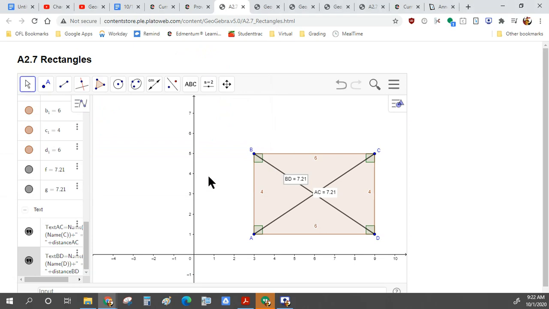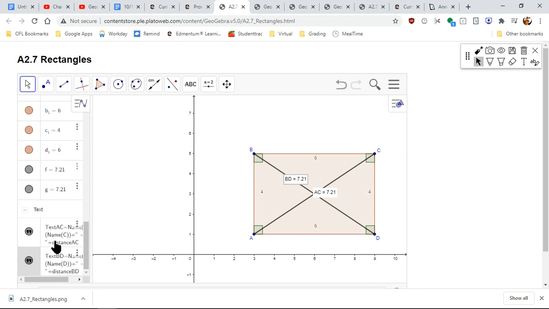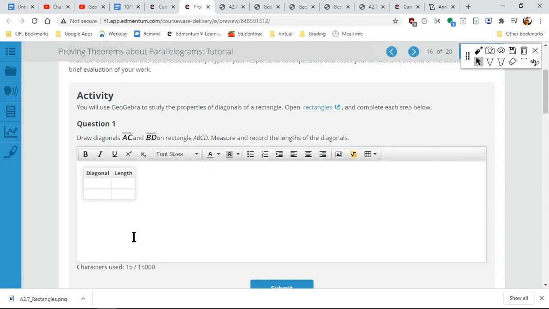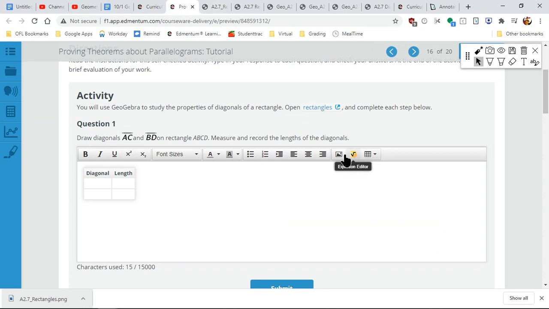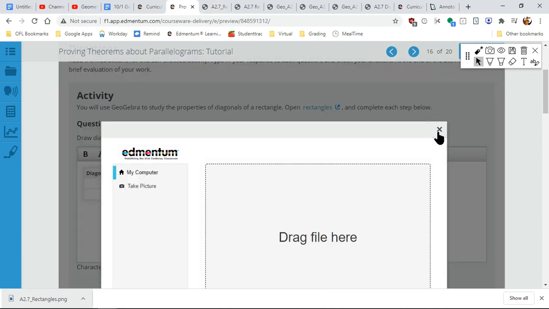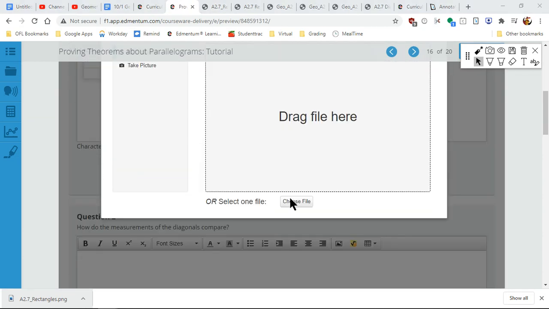Save it as rectangles. That's fine. I think I put it on my desktop. So if I go here, can I do this? I forgot if I can do that or not. Apparently not. Insert image. File.